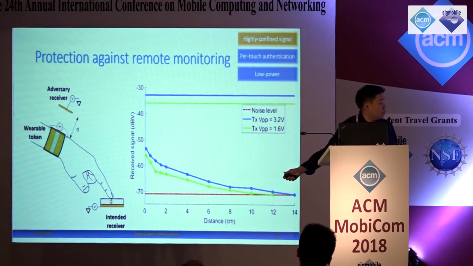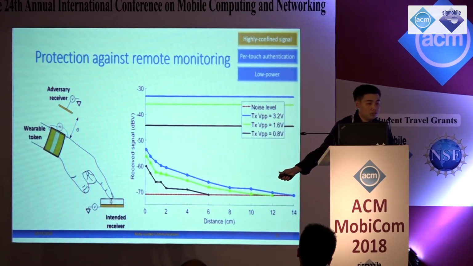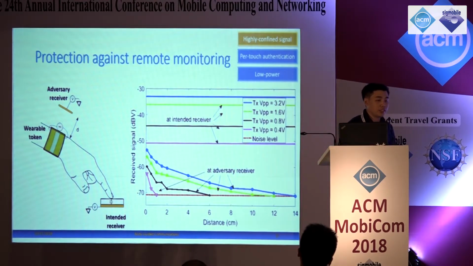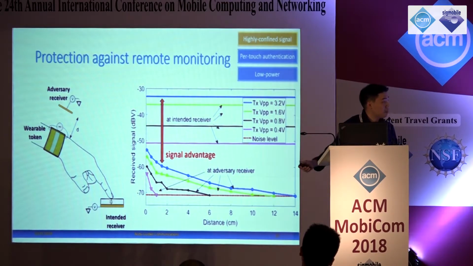We decrease the signal transmission voltage to 0.4 volts. Here you can see that with a transmission voltage of 0.4 volts, the received signal at the adversary receiver is under noise just beyond 1 centimeter, but the received signal at the intended receiver is still 20 dB above noise.